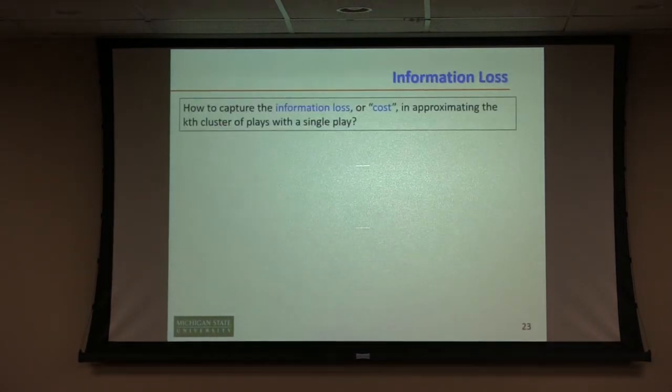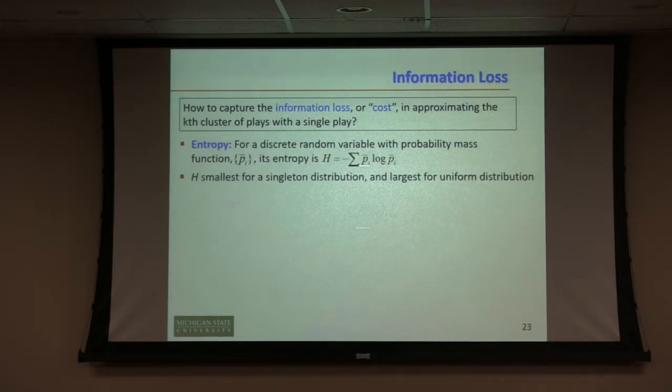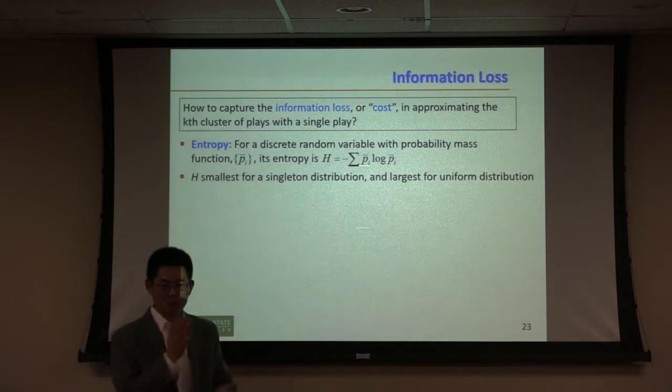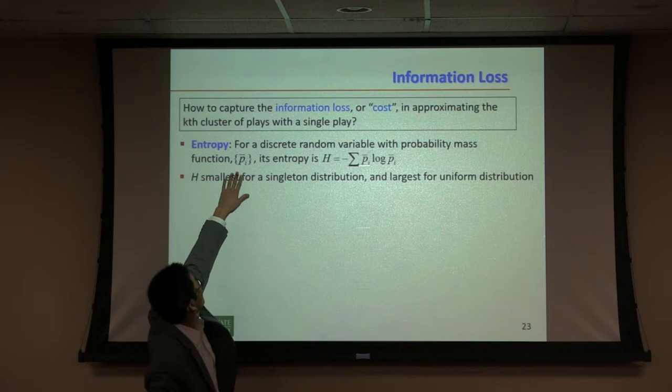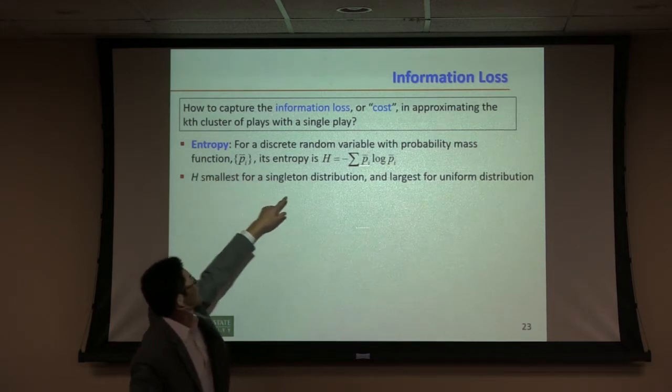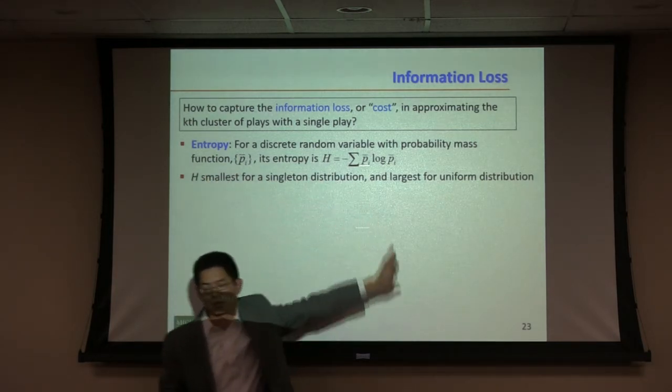That's the question. We are employing the idea of entropy here. Of course, I assume everybody in this room knows about entropy. For a discrete random variable with probability mass function p_i, entropy is calculated this way. It's just the definition.